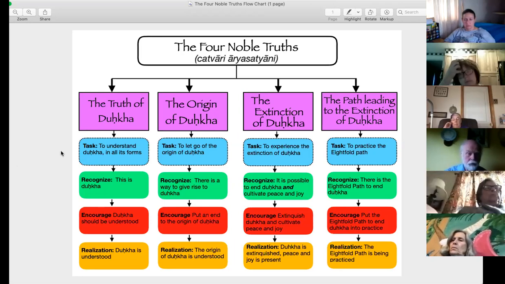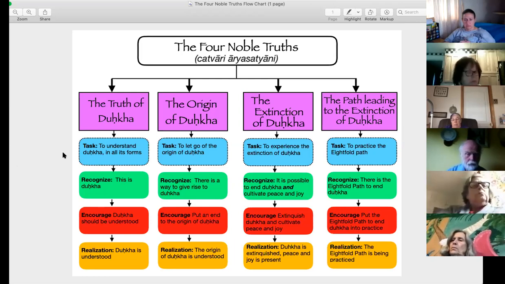His name is Stephen Batchelor, and he, in one of his talks, created this sort of fourth turning.